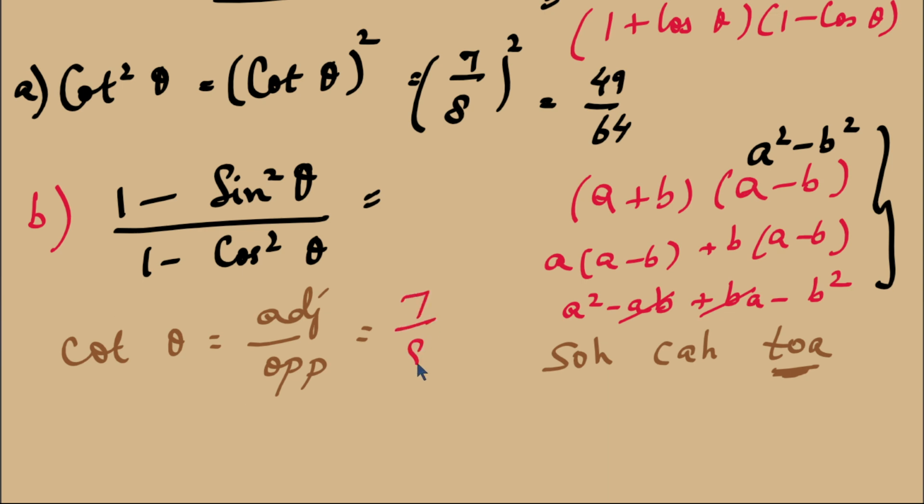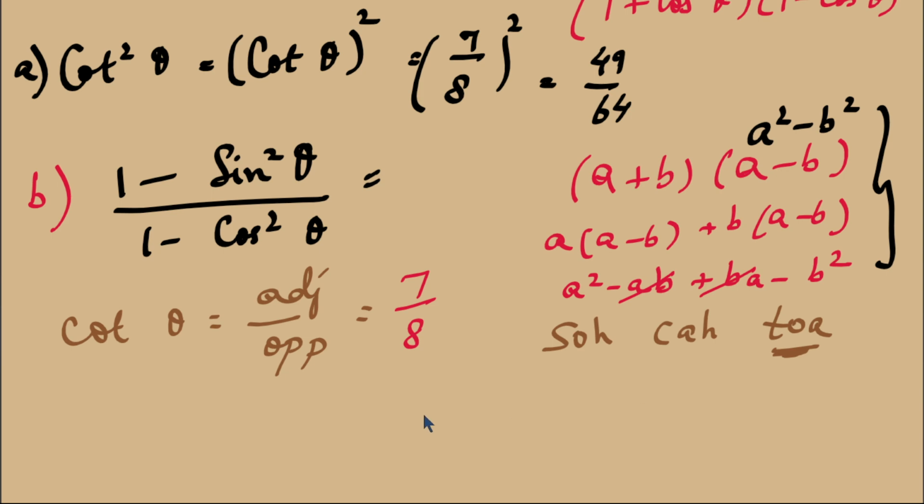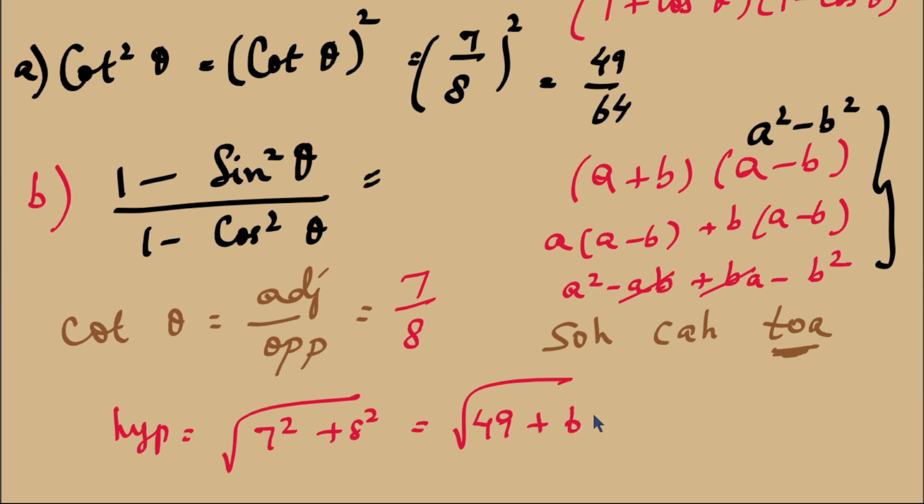Now it is for us to find the hypotenuse, and using the Pythagoras theorem, hypotenuse would be equal to root of 7 squared plus 8 squared, which is root of 49 plus 64, which is root of 113.